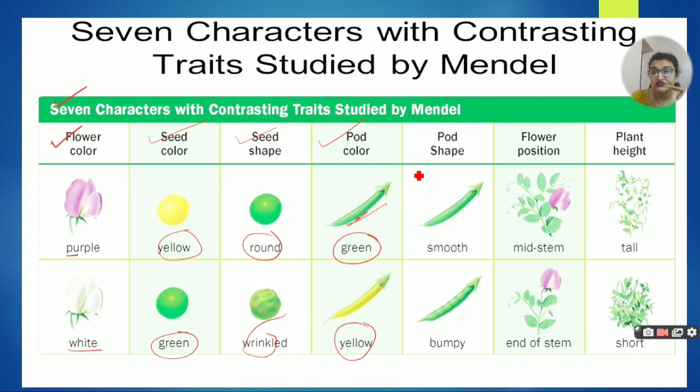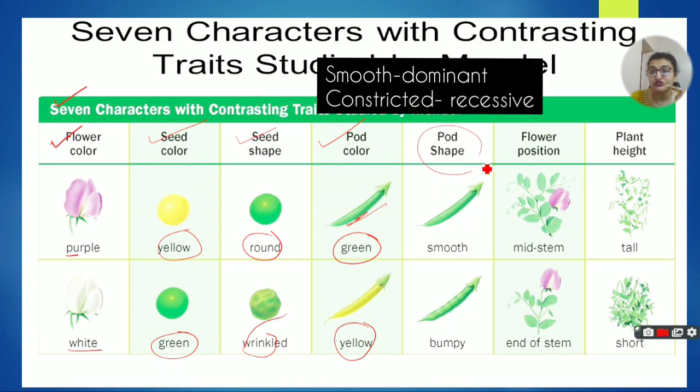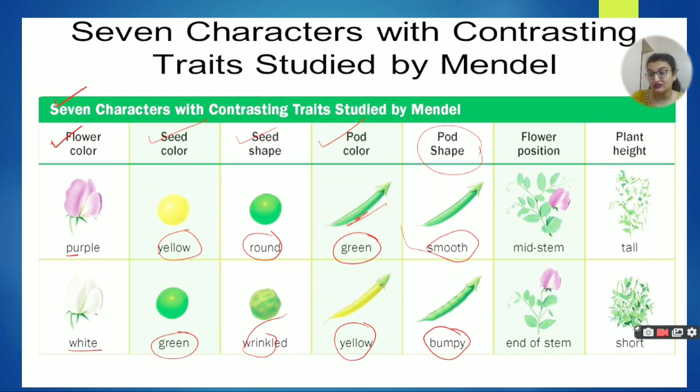When we talk about the next, that is the pod shape. What is the shape? Either it is smooth or it is bumpy. Instead of bumpy, you can even use constricted. The term constricted can even be used. Now, the next important character is the flower position.